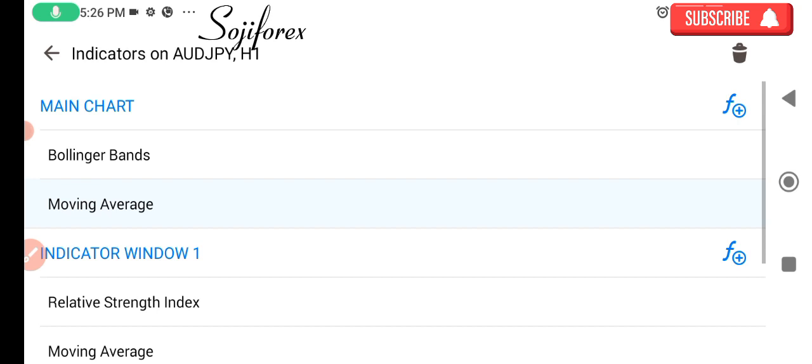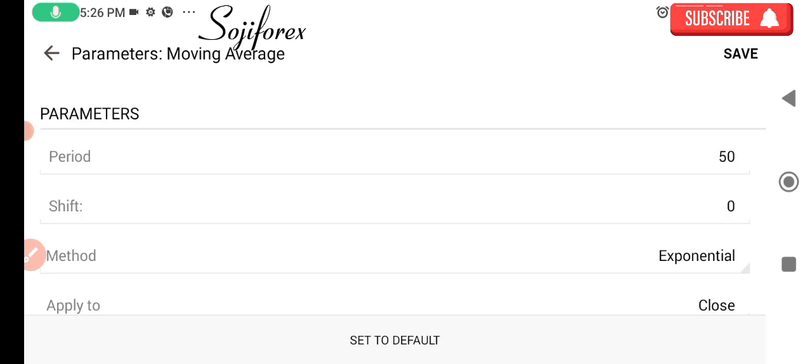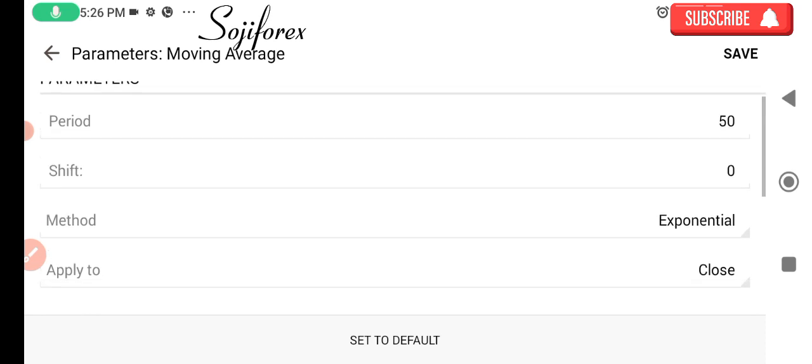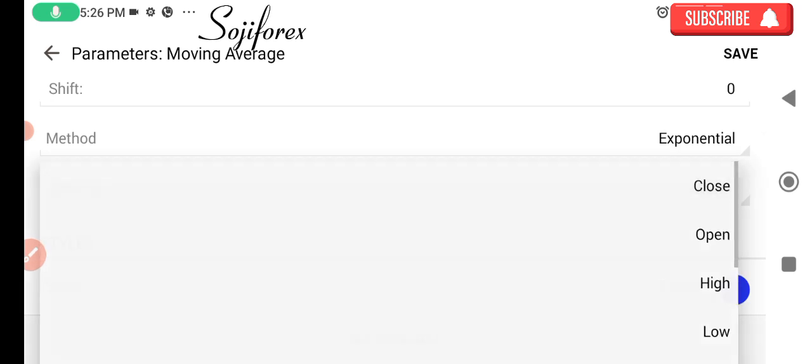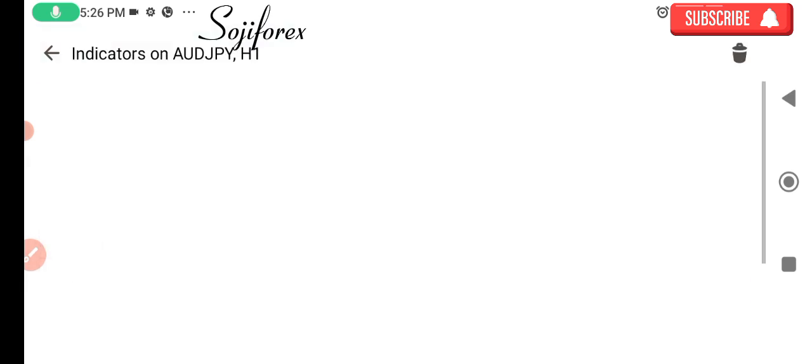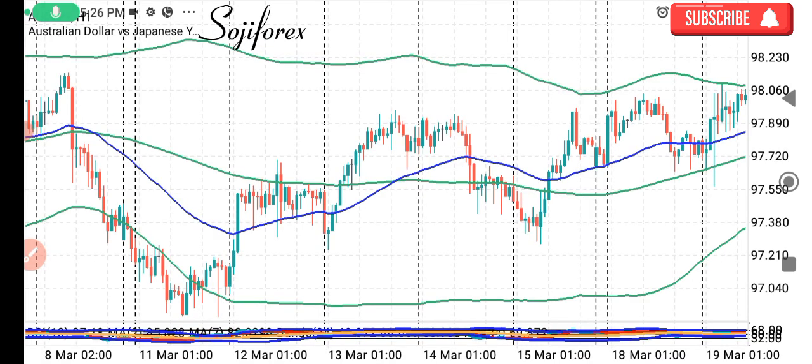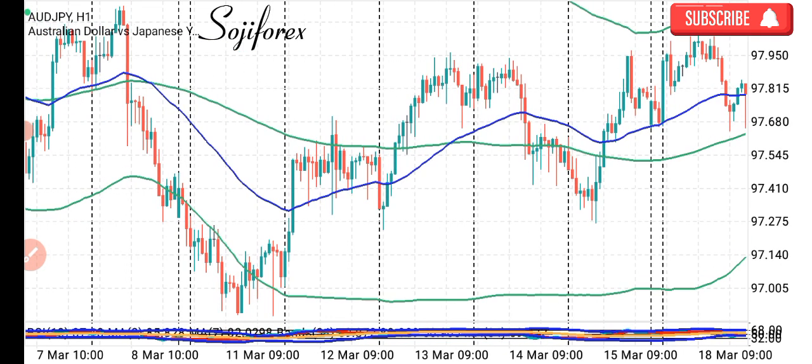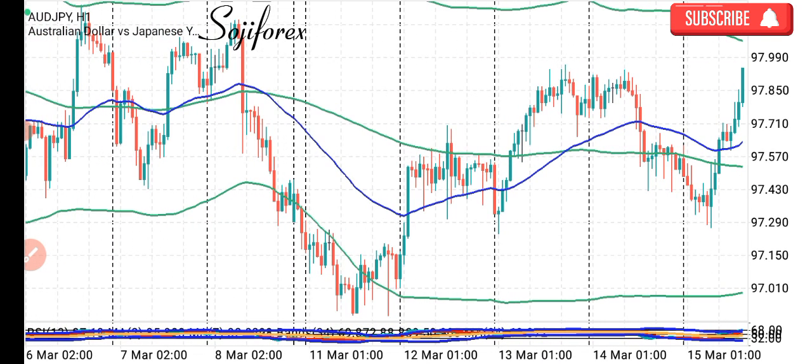The second indicator is our moving average. The period is 50, shift is 0, exponential, apply to close, 3 pixels, and the color is blue. So let's go back to our chart. When you open your trading chart, it looks exactly like this.